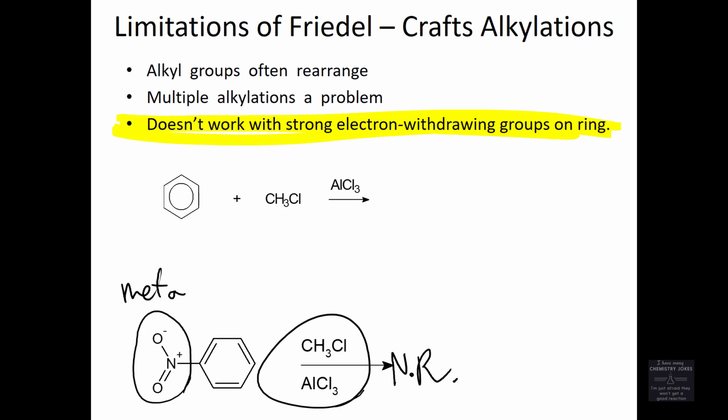And these reagents, these conditions are too extreme. This benzene is too deactivated to add a carbon group on there. The truth is no Friedel-Crafts on a ring with a meta director. That's Friedel-Crafts alkylation or Friedel-Crafts acylation. No Friedel-Crafts on a ring with a meta director.